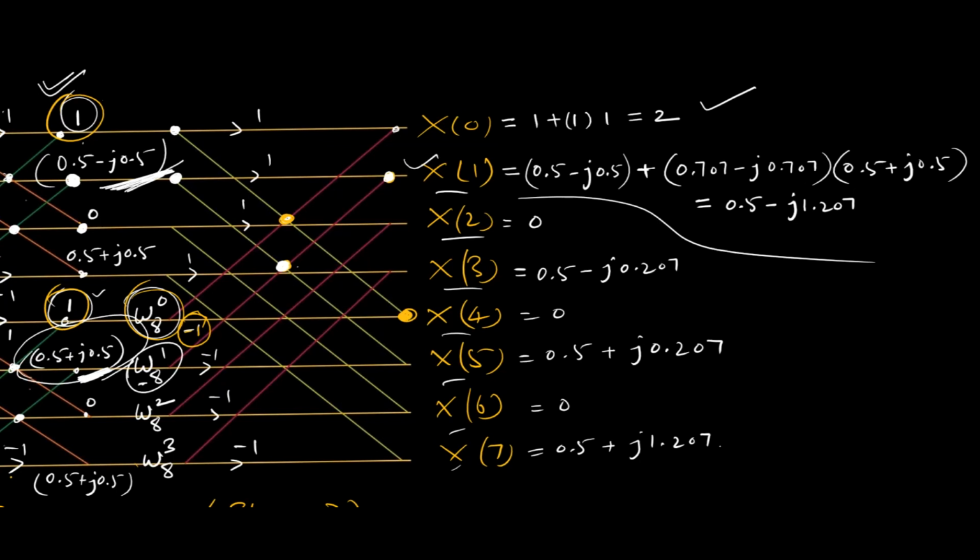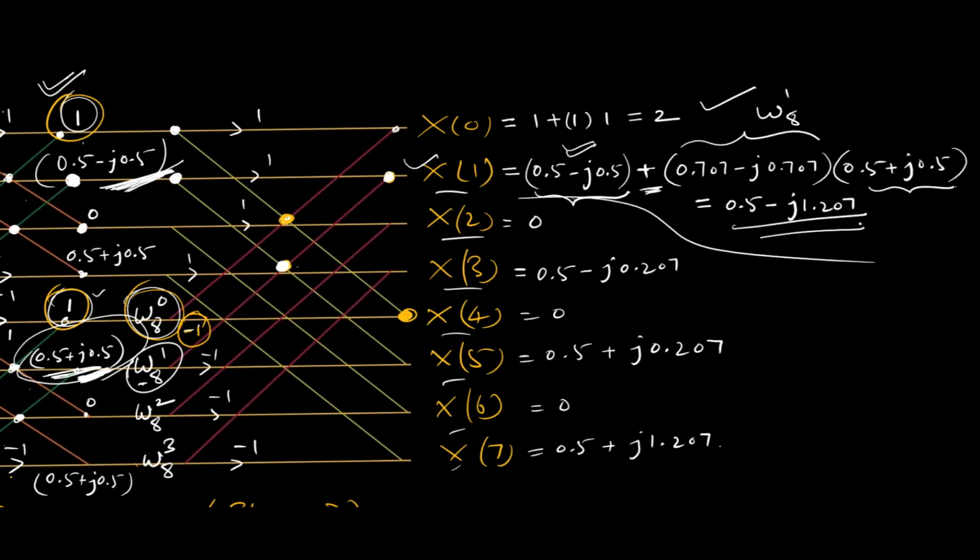So we can write input 1, which is 0.5 minus iota 0.5, plus the twiddle factor W8 to the power 1 multiplied with the second input, 0.5 plus iota 0.5, and this will lead to this result.